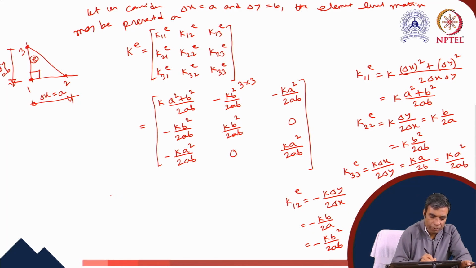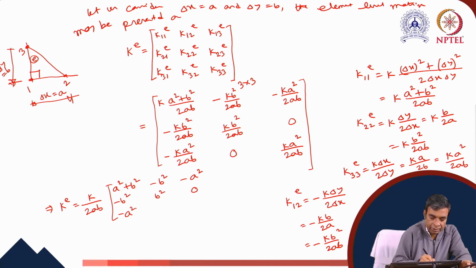From here we can take k by 2ab outside. This gives us finally ke equals k by 2ab times the matrix: a square plus b square, minus b square, minus a square; minus b square, b square, 0; minus a square, 0, a square.